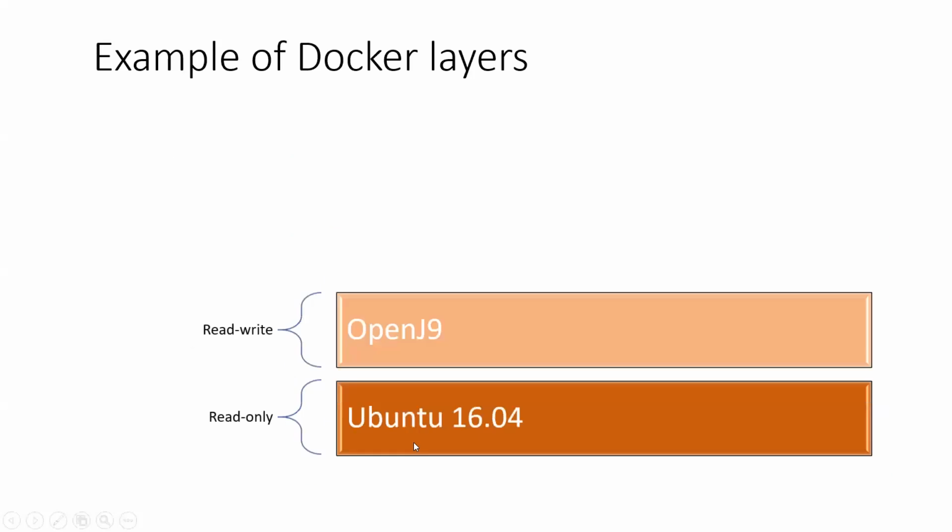When we are building the OpenJ9 image, let's say we enable shared class cache in the OpenJ9 layer. The J9 classes will be stored into the default shared class cache, so that anything built on top of this OpenJ9 image will benefit from the shared class cache in startup performance.